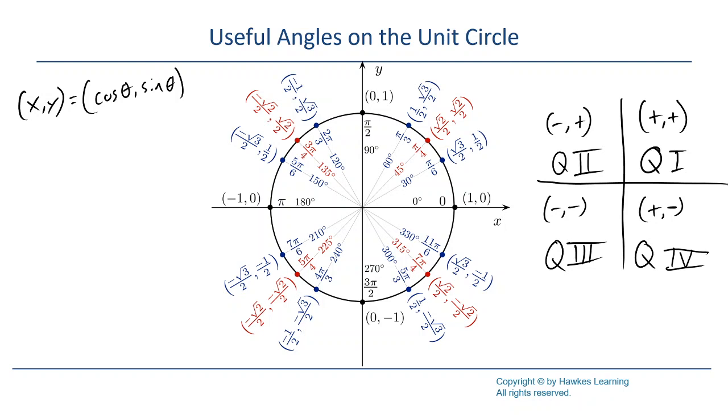So if tangent's positive, then you know it has to be in the first or the third, because positive divided by positive and negative divided by negative will stay positive. Versus if you know it's negative, it could be in quadrant 2 or quadrant 4. You'll typically have enough context to figure out what it is based on just those two things, though.